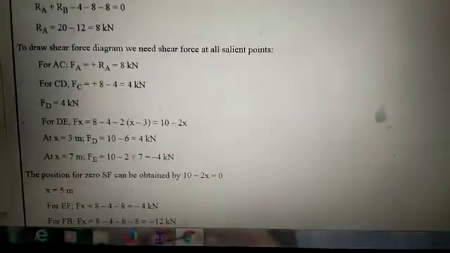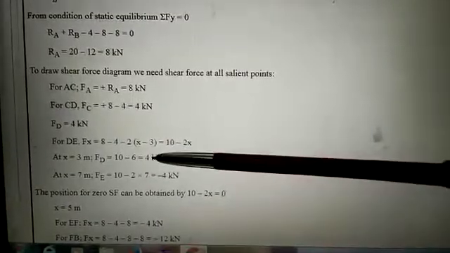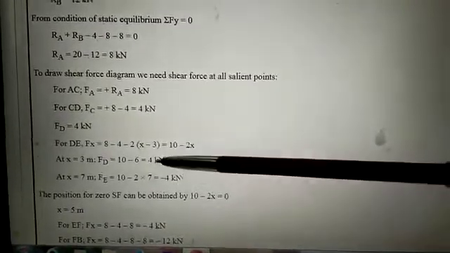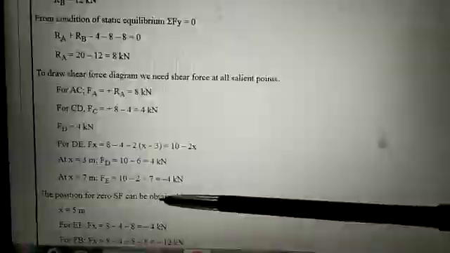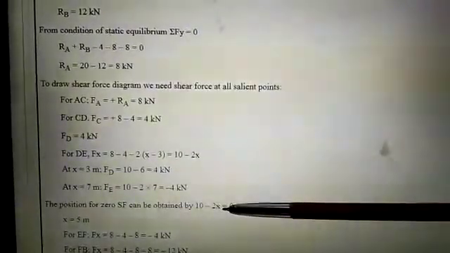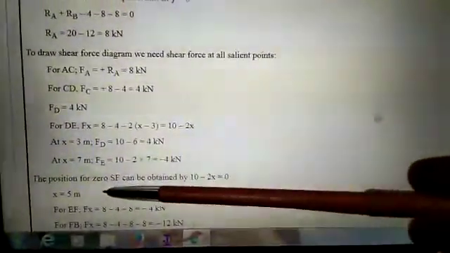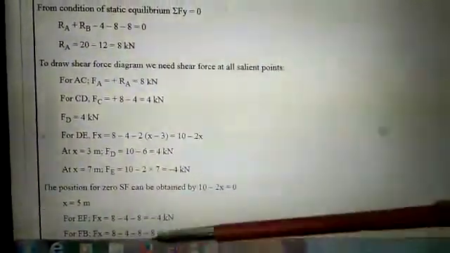Now this is the point where the value goes from positive to negative, so a point of zero shear force will lie between these two shear forces. To calculate it, we equate this equation to zero, and we obtain the point where the shear force is zero.